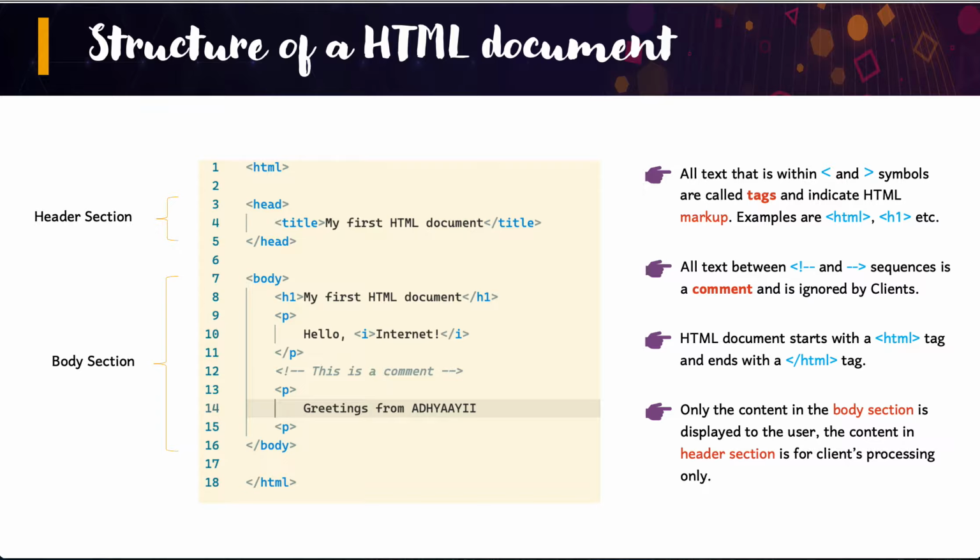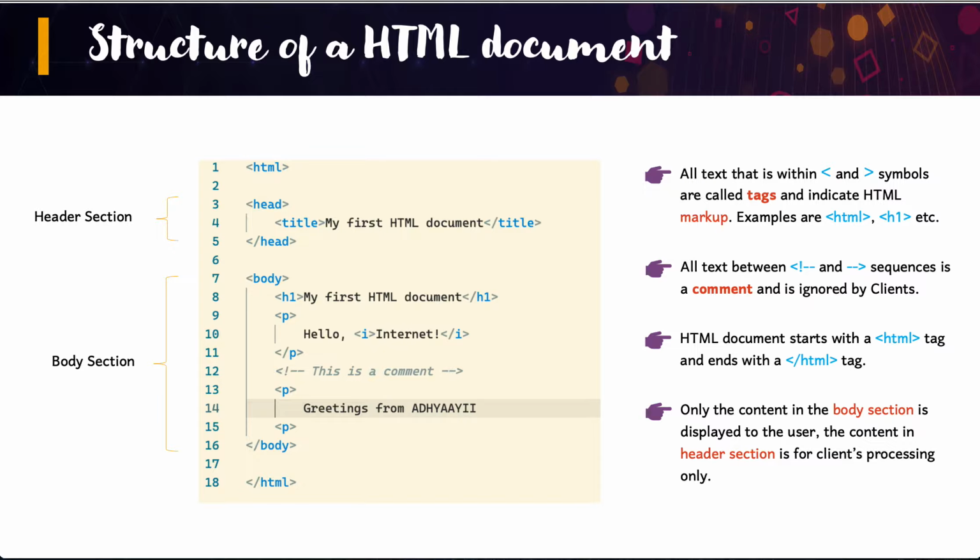Now there is one more, which is in between a less than, exclamation mark, hyphen and hyphen, greater than sequence. Anything between these two sequences is called a comment. This comment is useful for developers who are developing the web page to add some additional details on why the page is done the way that it is done.